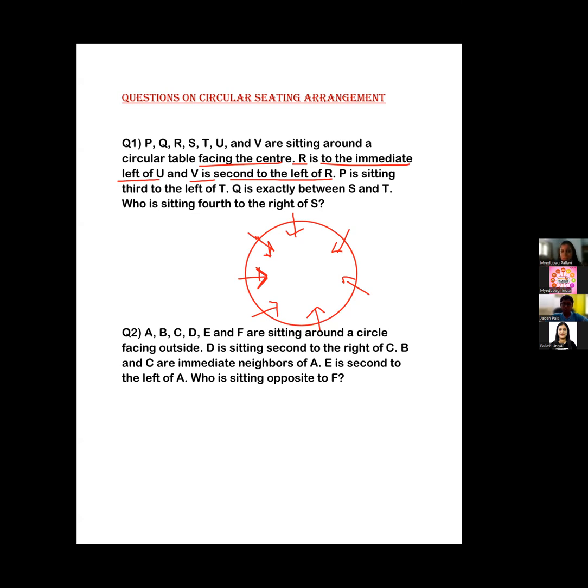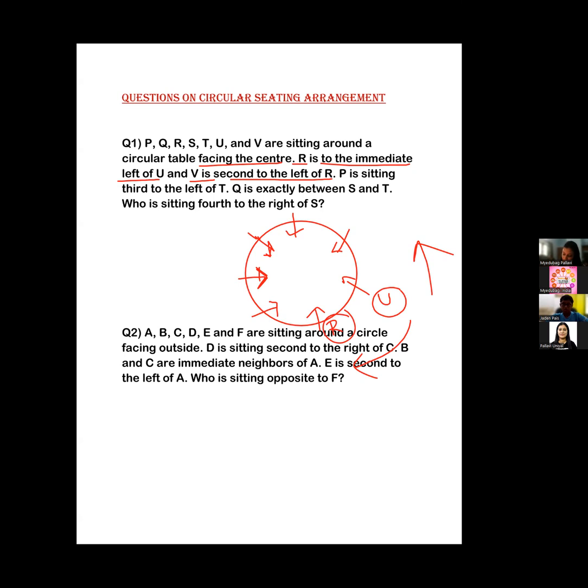So we can place U anywhere. If I take U over here, R is immediate left of U. So where will be the left? Downwards or upwards? Left of U will be downwards. So immediate left of U, who is sitting? R is sitting. So R will be placed here.